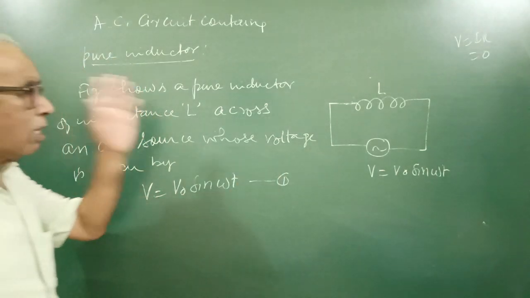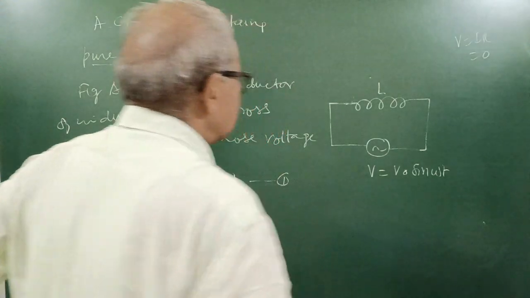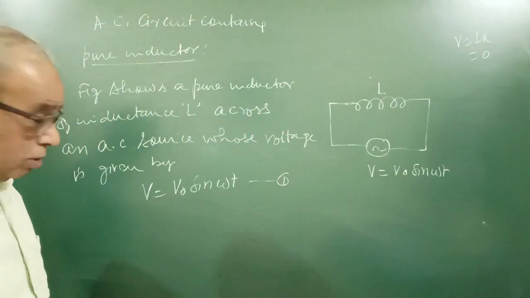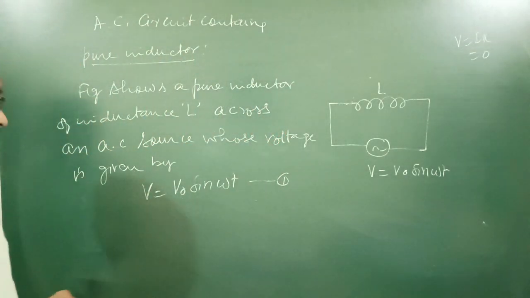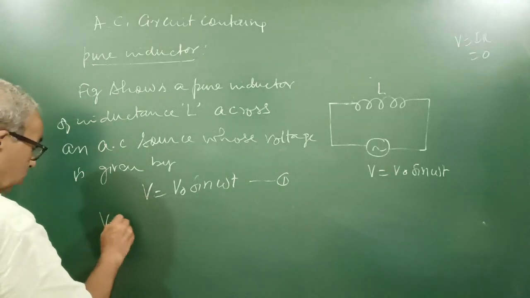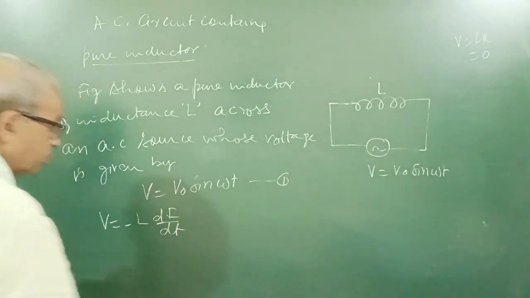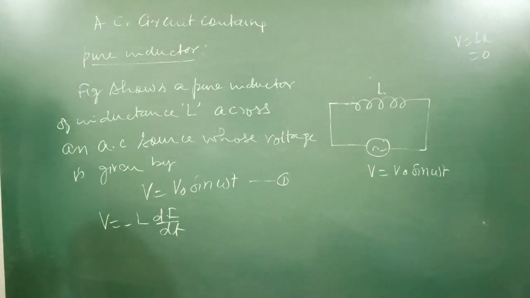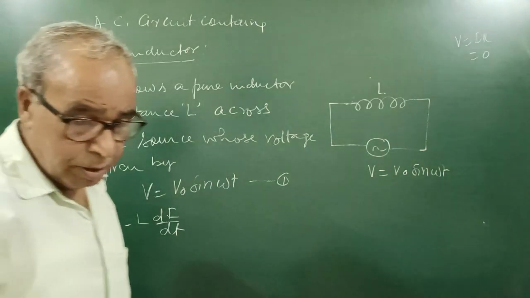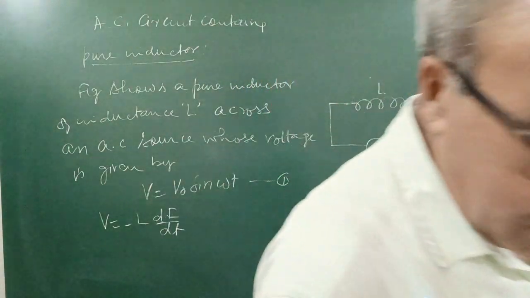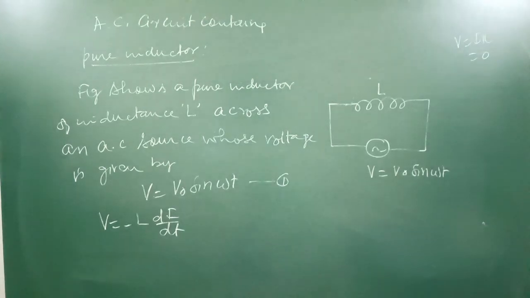If I is the current at an instant and growing current, then the potential difference across that, V equal to minus L di over dt. So minus L di over dt is the back EMF. It is the back EMF here. This is called back EMF.